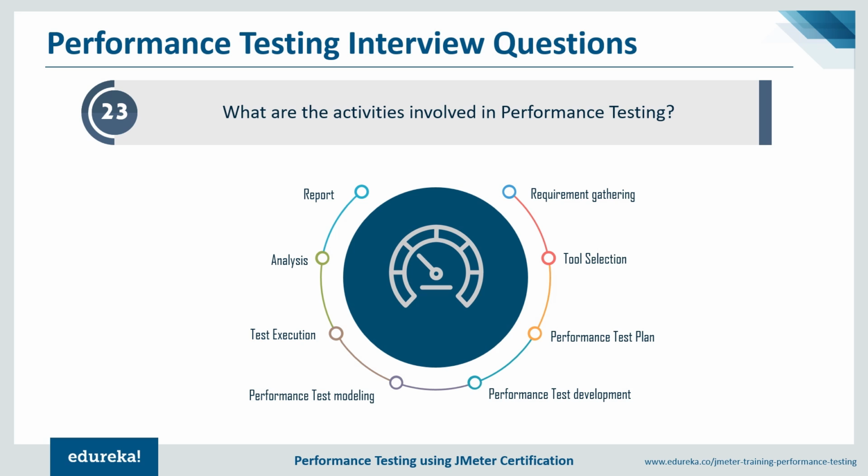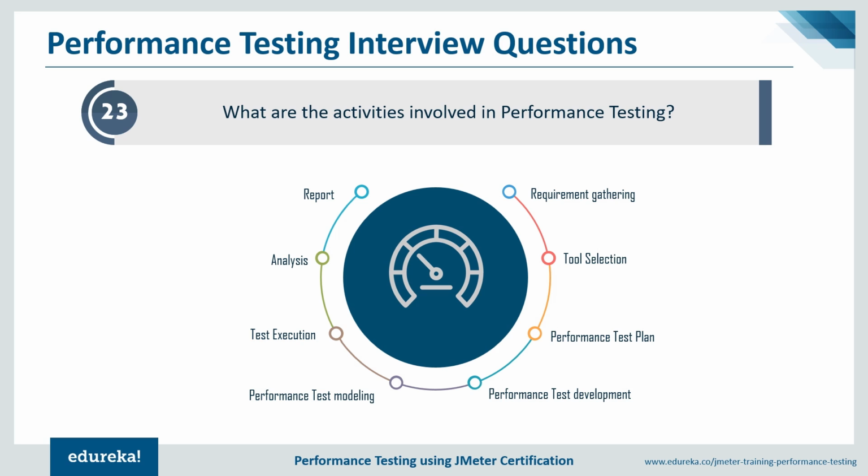Next activity is the performance test modeling. Once the test has been developed, the next step is to check the performance test model. Once the idea of how the performance testing is going to take place is ready and the model is set, the next step is the test execution. In this step, finally, the testing takes place. Next up, we have the analysis.